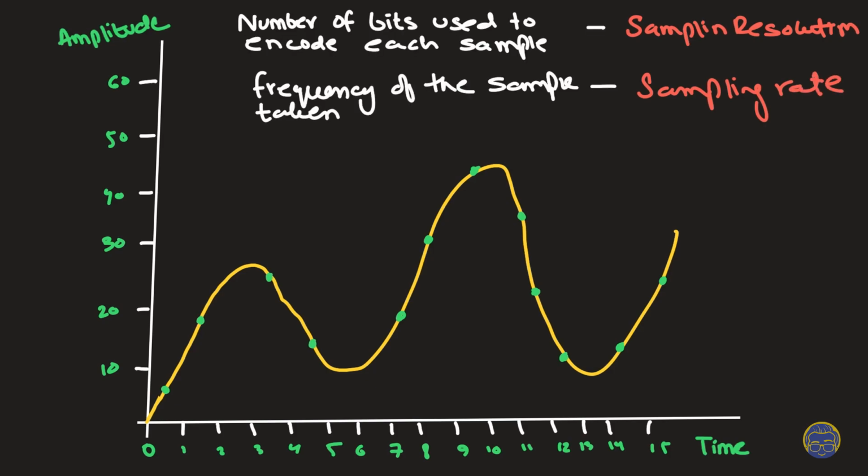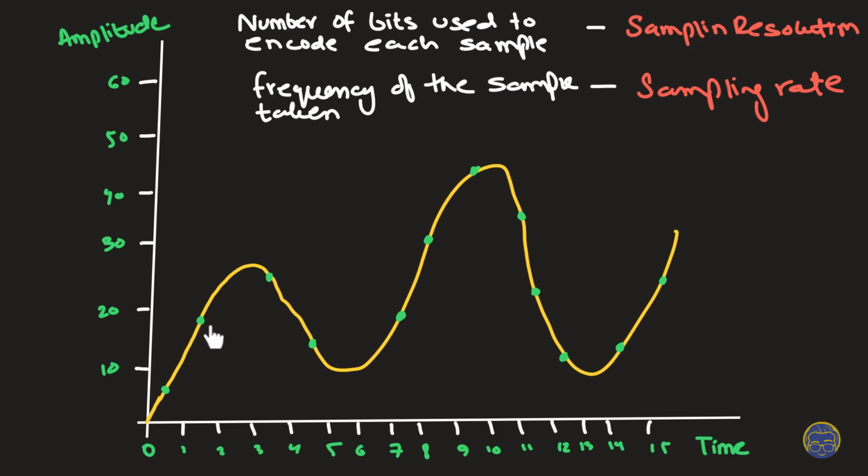Sampling resolution is the number of bits used to encode each sample. So these values over here that you can see are binary values, and we need to convert these values into bits, into binary numbers, so we can use this encoding for each sample that we have taken.